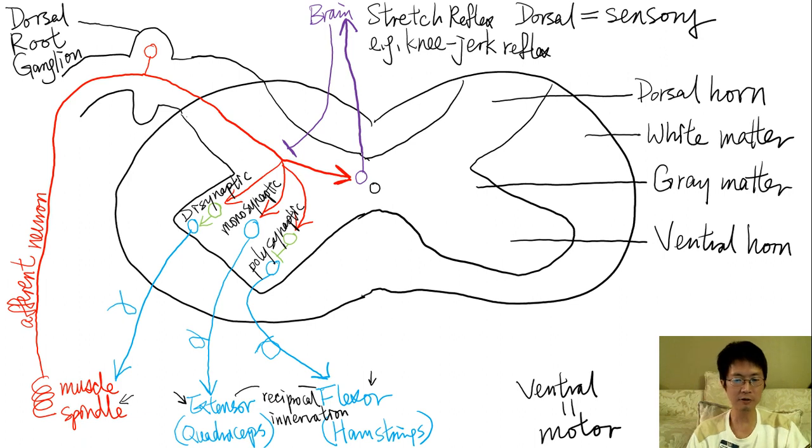They're all on the same side, the same leg, therefore we call it ipsilateral. It sounds very obvious. You did the knee-jerk reflex experiment, you know that when you hit your left, let's say your left patellar ligament, then your left leg will jerk.